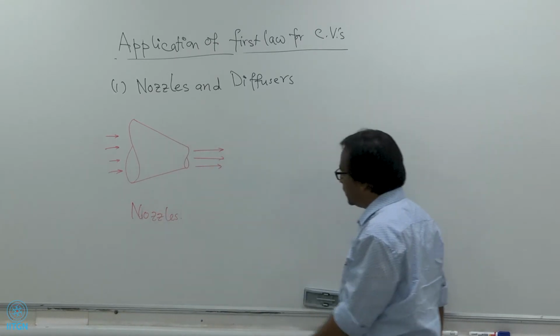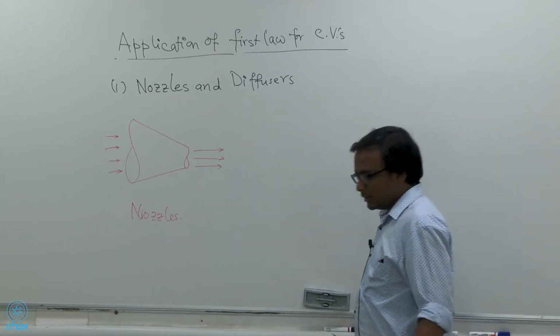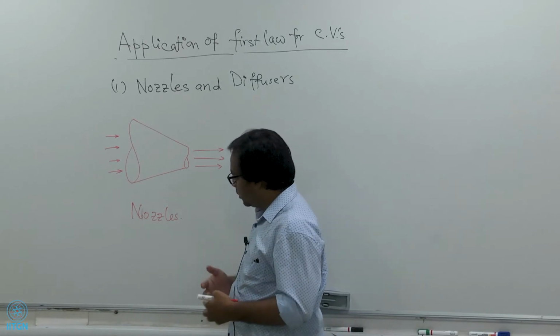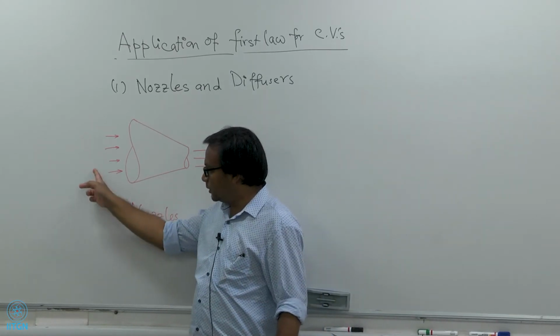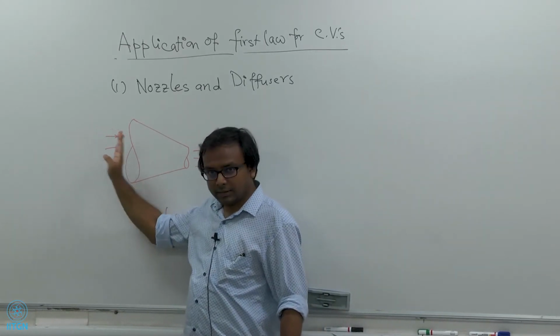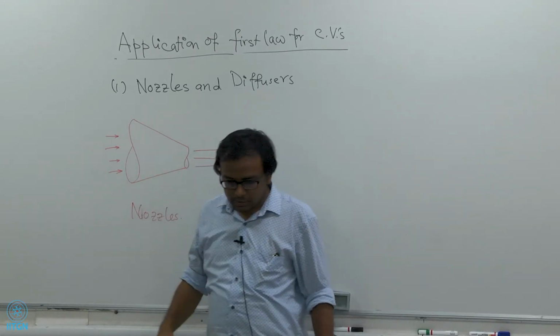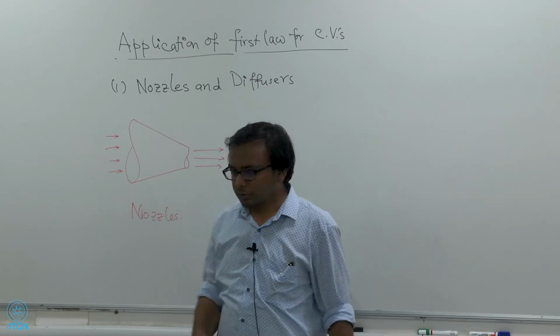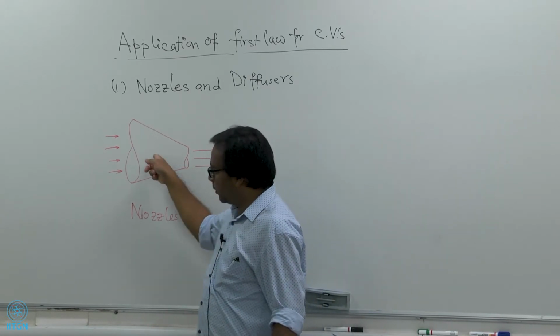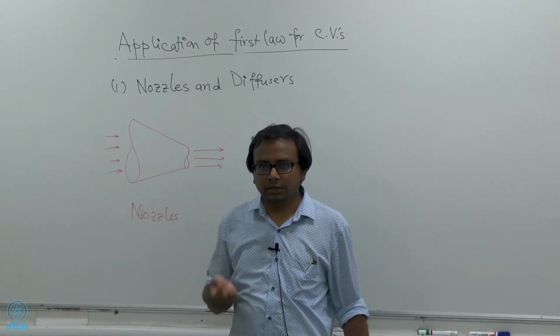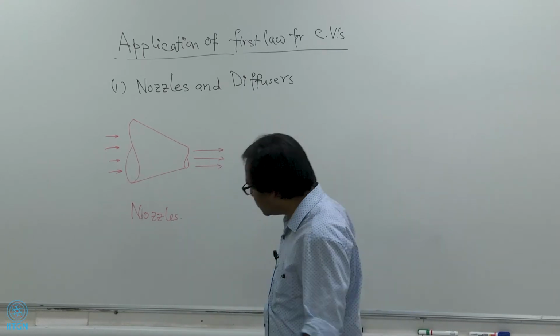Nozzles generally are steady state devices, that means they usually operate at steady state. So, the mass comes in at a steady rate and mass flows out at a steady rate, and the conditions inside the nozzle do not change much with time. If you are taking a reading at a point inside the nozzle, you will see that the reading is not changing with time.